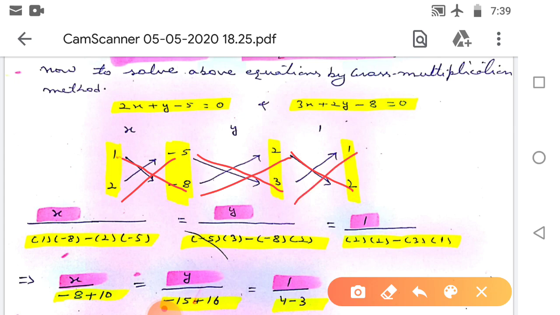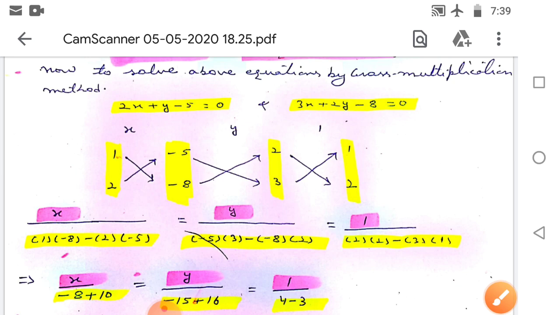Okay, and you need to take care of all brackets and negative sign. Clear? So best way is to write like this: 1 into minus 8, both in separate brackets.